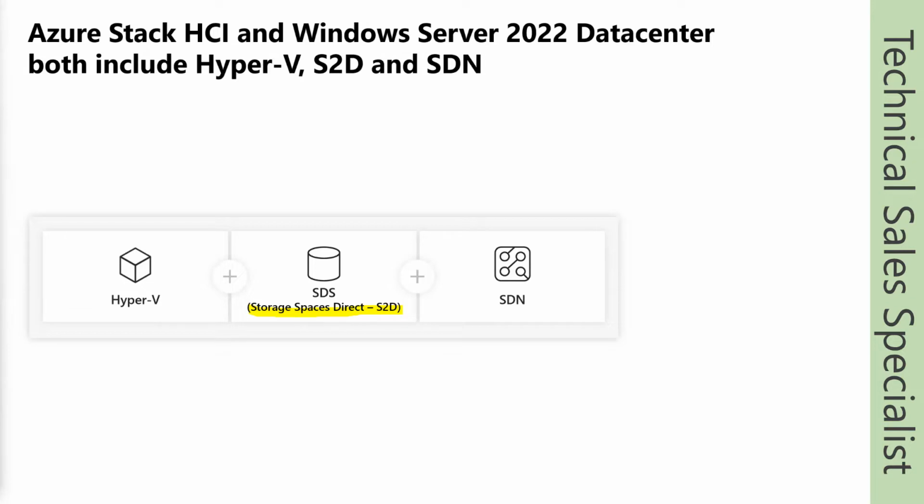We have Hyper-V in both stacks and also the software-defined networking. But there's a huge difference in choosing Azure Stack HCI and in choosing Windows Server 2022 Data Center enabled hyperconverged infrastructure.